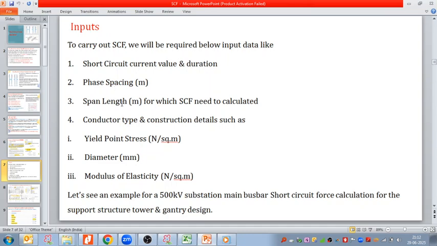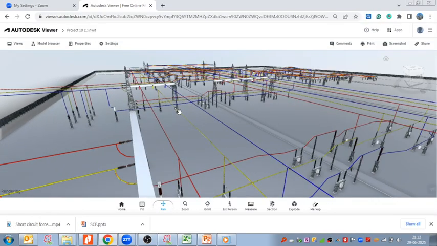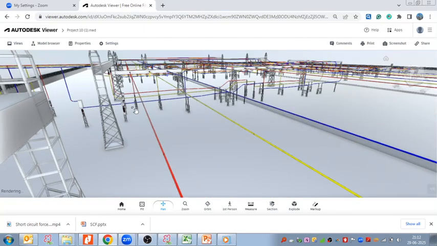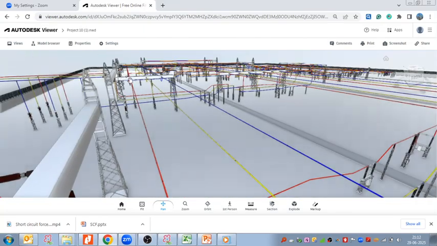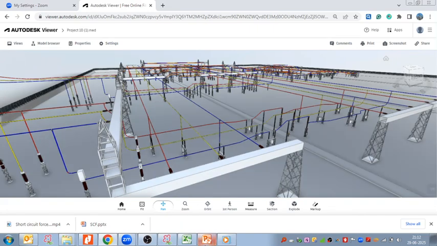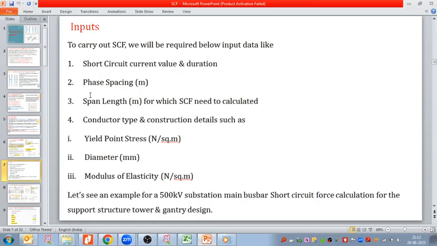Then the span length between the conductors. Span length means the length between two supports, one support over here and the second support here. So what is my conductor length between two supports? That span length is for which SCF needs to be calculated.